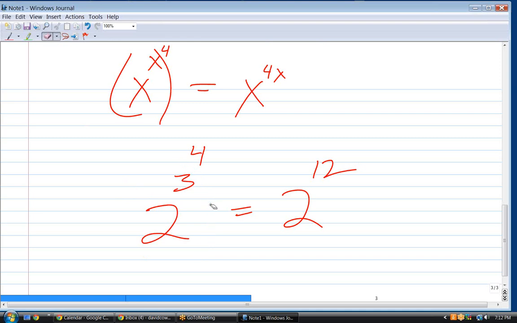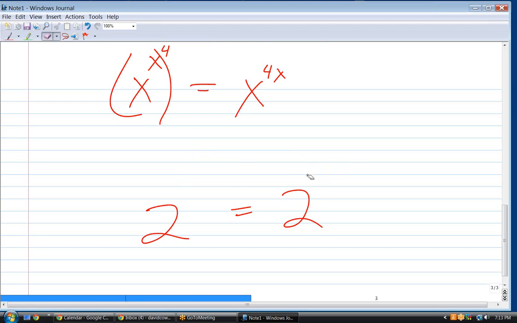However, if I take away those parentheses, then I believe the way this is evaluated is you do 3 to the fourth power, which is 81, so that would be 2 to the 81 power. Not 100% sure.